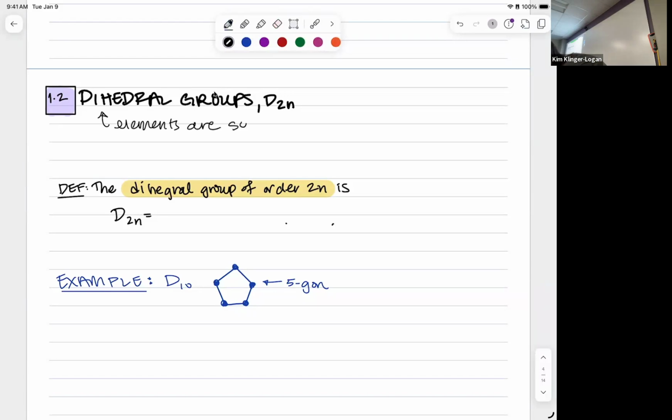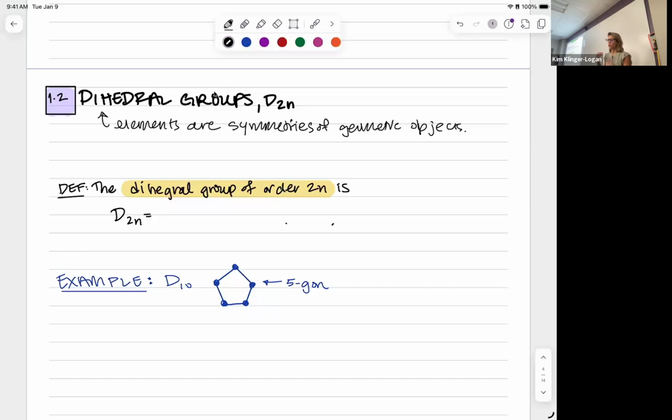So these geometric objects are going to be regular planar figures.